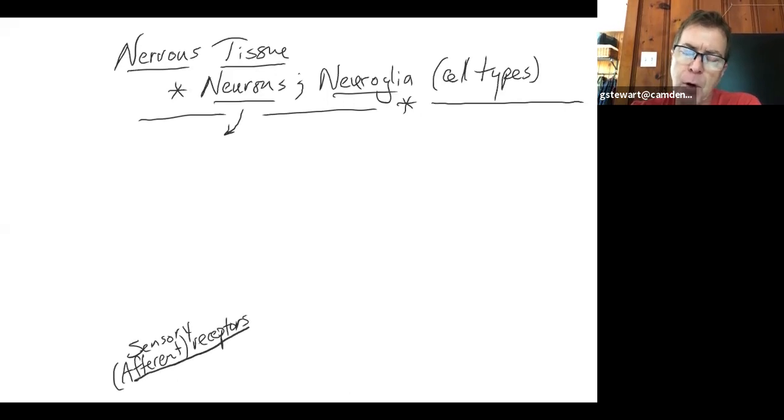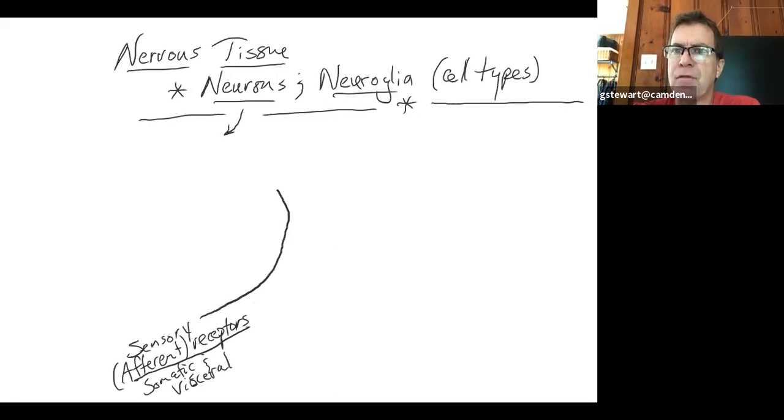And we have these both monitoring the external world as well as the internal world. So I'm going to write somatic and visceral. They send impulses toward the central nervous system. They're part of the peripheral nervous system, this path that I'm drawing right here. So this is all nerve fibers going toward the central nervous system, which is the brain and spinal cord.